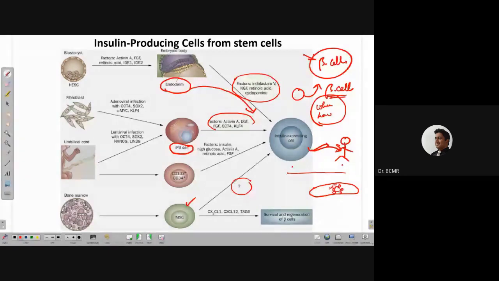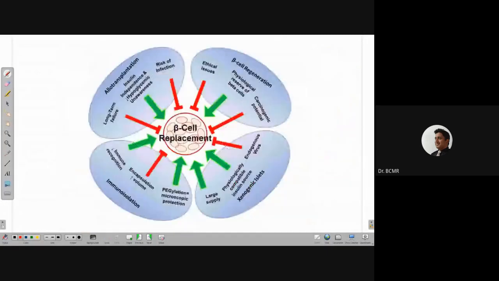Yes, those are the approaches using stem cell technology. But then, as I was telling, if you really differentiate beta cells and put them in, the first problem is that we already have immune issues, right? First of all, how did the patient lose the beta cells? It could be because of antibodies against beta cells, okay?